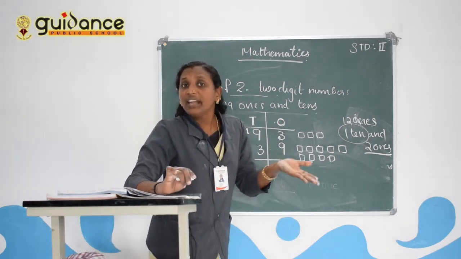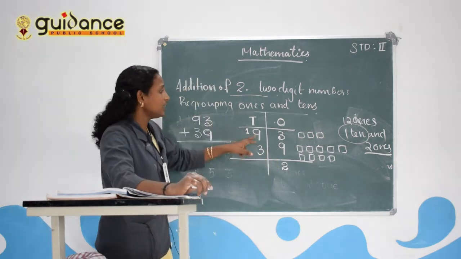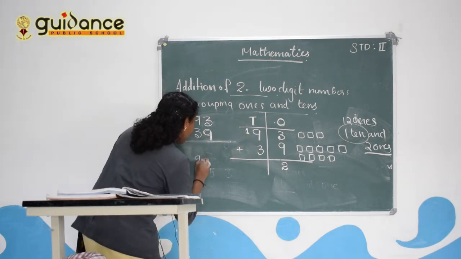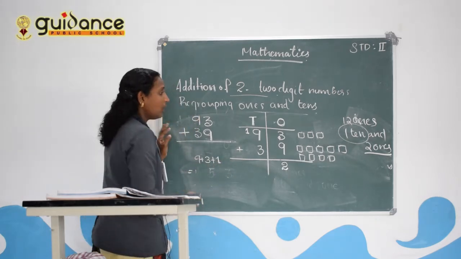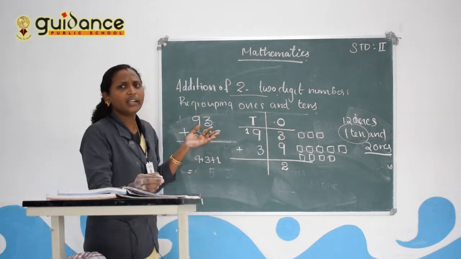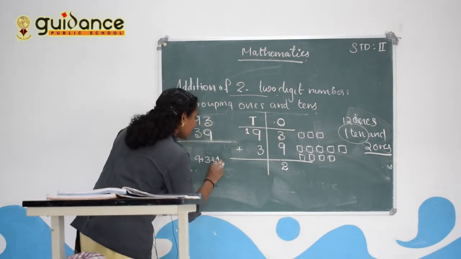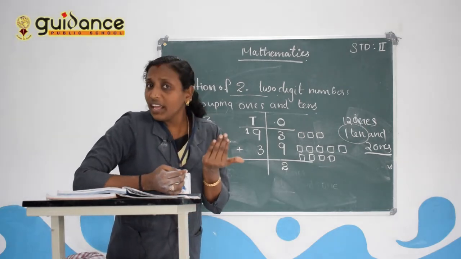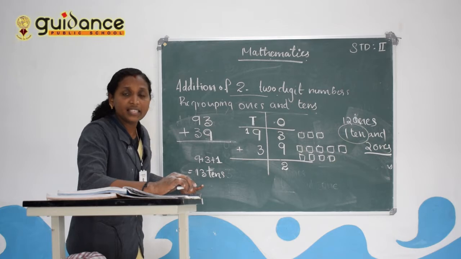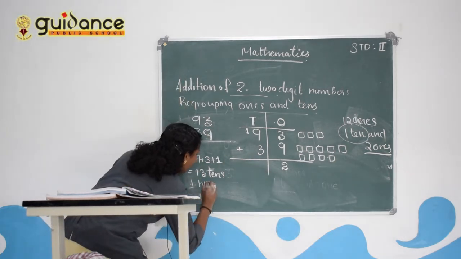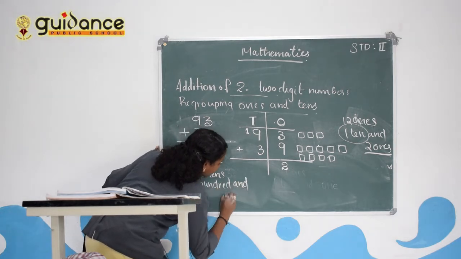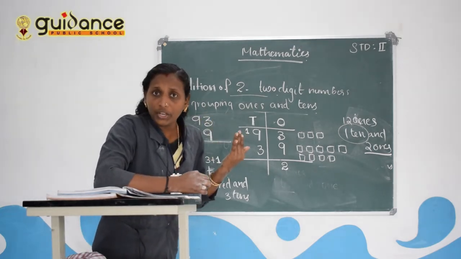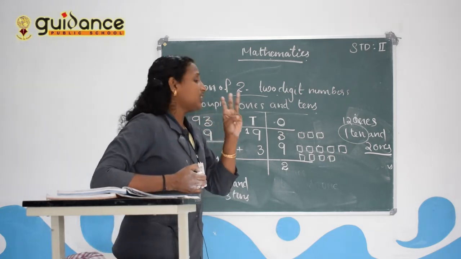The next, add the tens place. Look at the tens. 9 plus 3 plus 1, the carried over. 9 plus 3 is already 12. 12 plus the carried over 1, that means 13 tens. 13 tens can be regrouped into 100 and 3 tens.